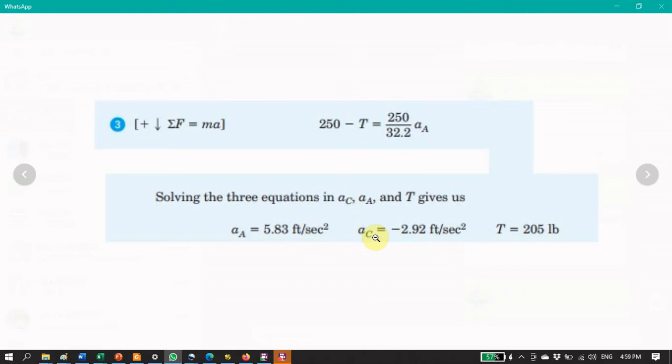So it's slowing down, right? So the acceleration a_C is negative, meaning it's decelerating as the system reaches the ground, right? And then for the tension in the cable, we got a value which is less than the weight of the concrete block.